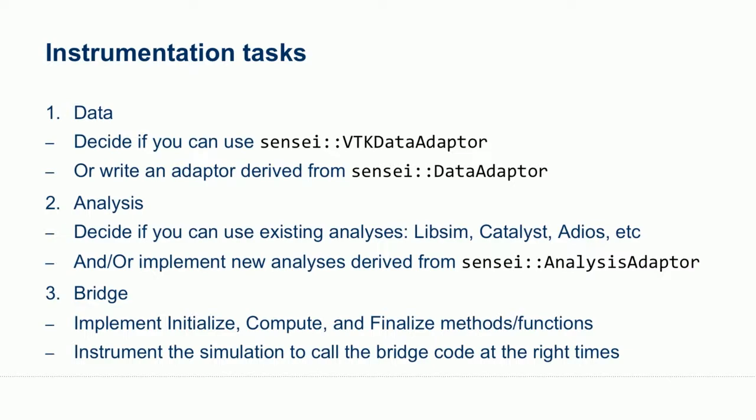So the first thing you want to think about is your data and the data adapter. We have in Sensei a thing called the VTK data adapter. This is a data adapter that implements all of our API, all of the methods. And to use it, all you have to do is create a VTK object and pass it in.